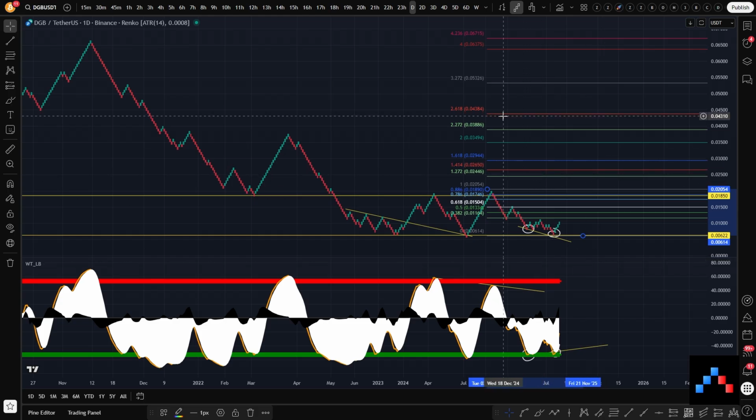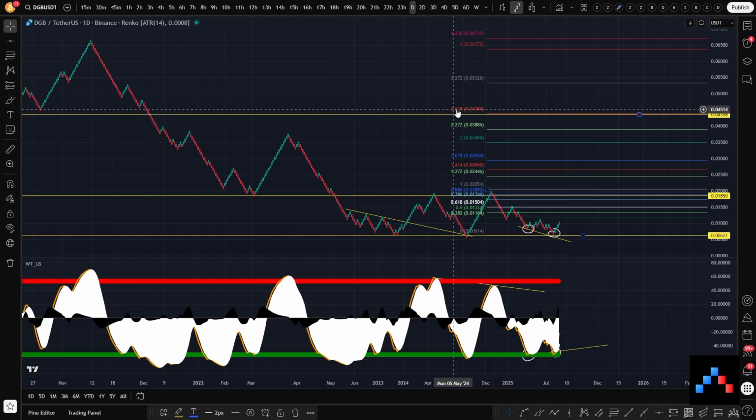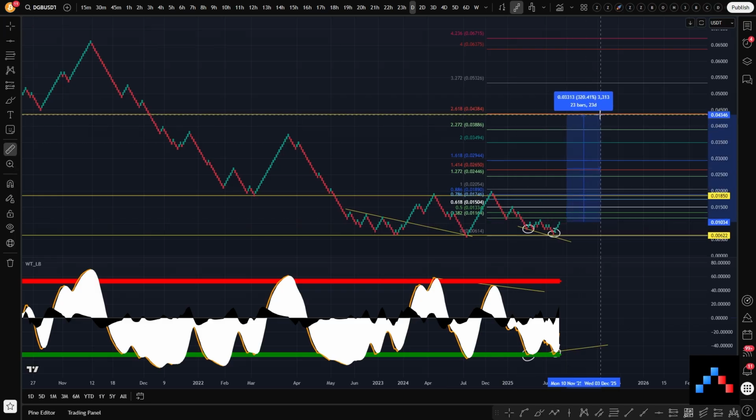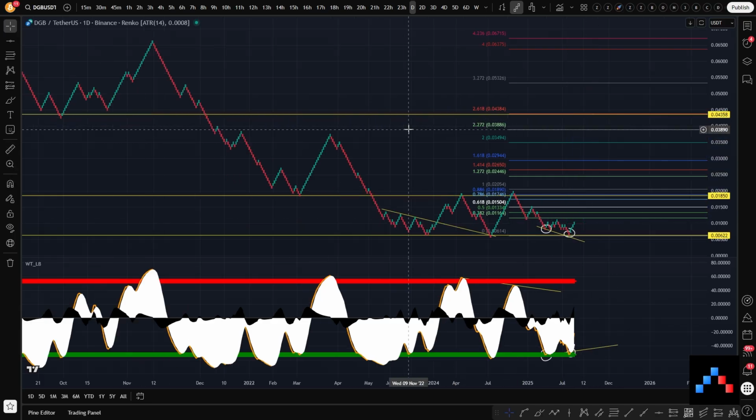Sometimes the market can even breach the 1618 and immediately come and visit the 2618. From the current price, that is going to be a massive 320% increase.